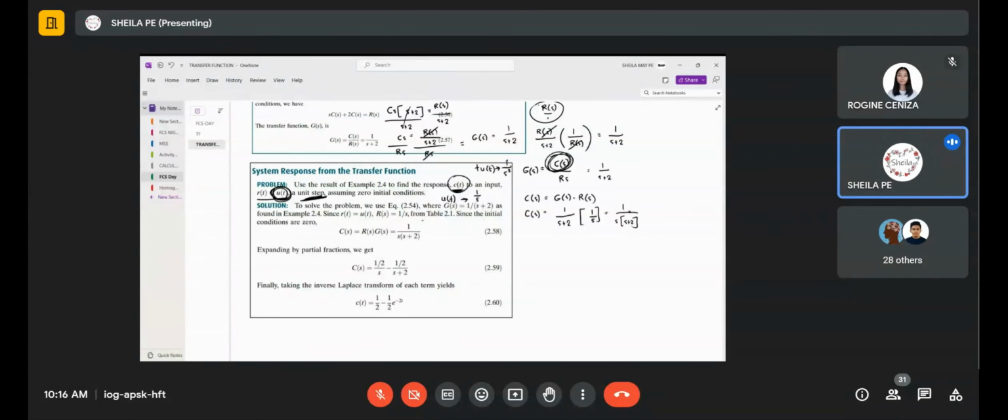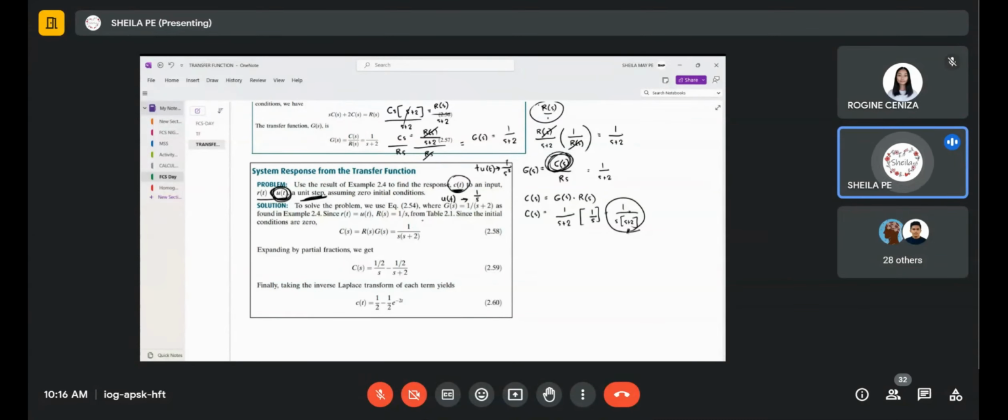So that's our C of S, 1 over S times S plus 2. Now, getting the factors or the roots of this form, we can do partial fraction decomposition.